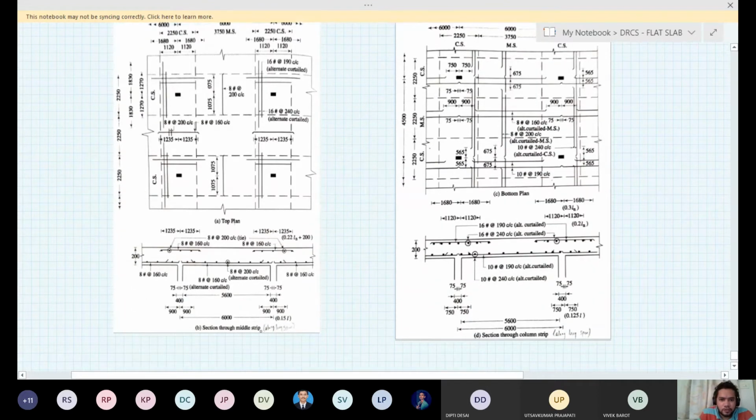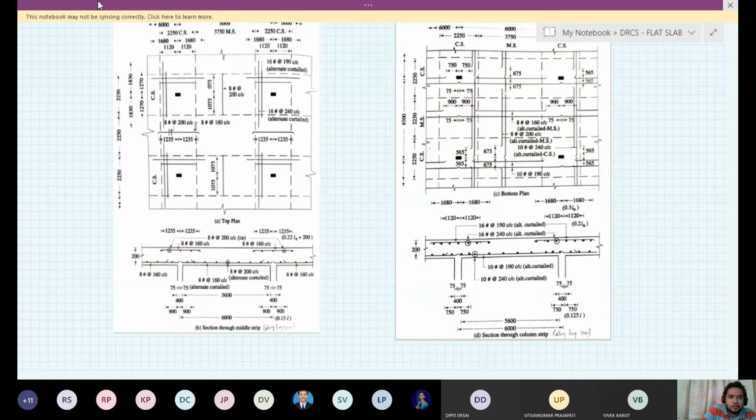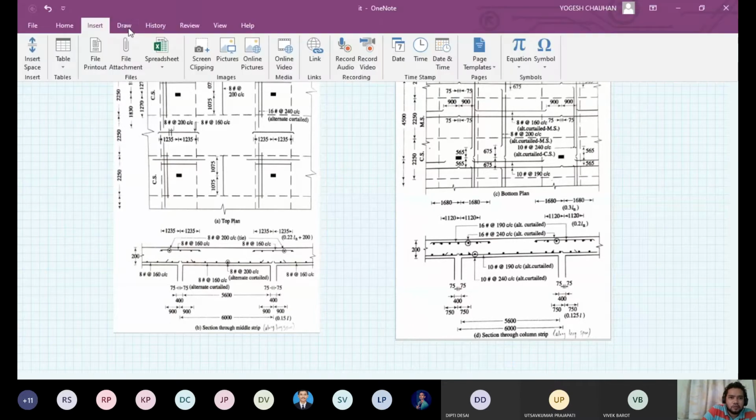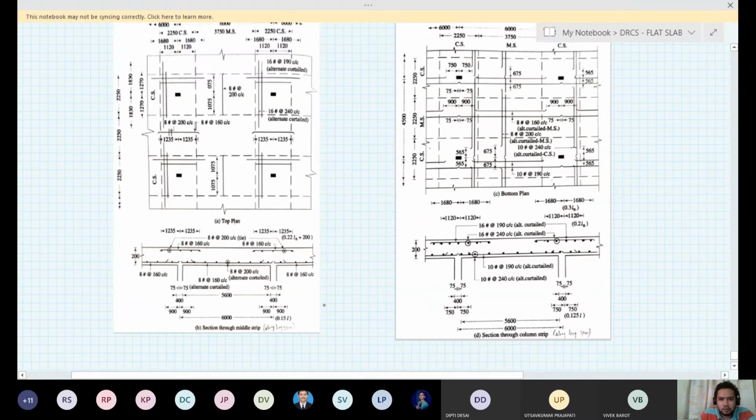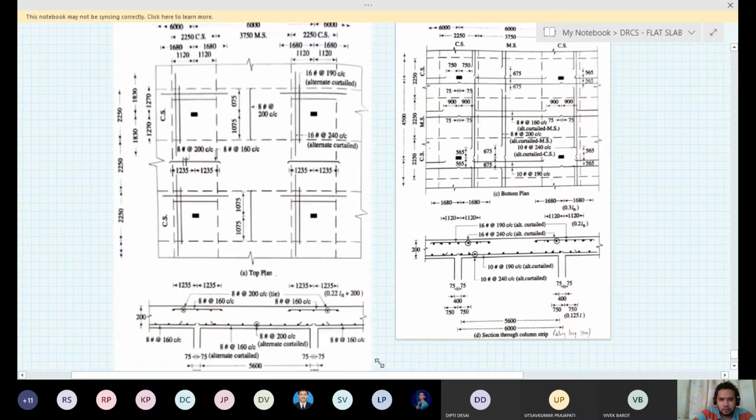Okay, so one is through the middle strip, a section through the middle strip. Let us just enlarge this.